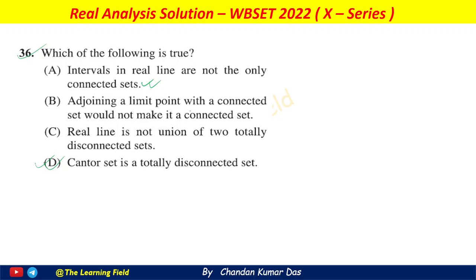Sorry, this says it does not make a connected set, but this makes a connected set. This is the right statement, and this is also a true statement. So our answer is option D, the totally disconnected set.